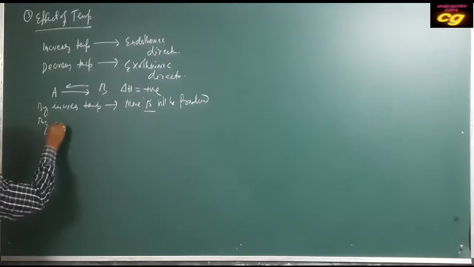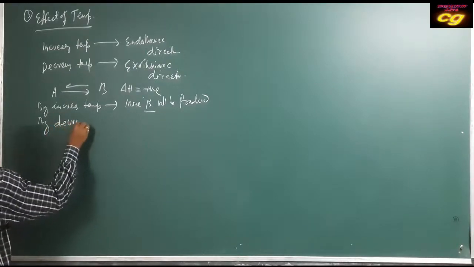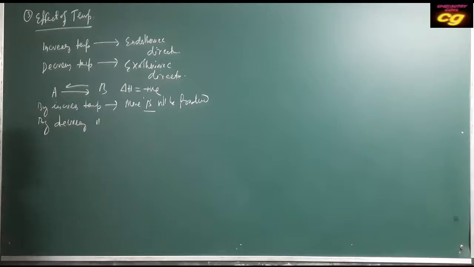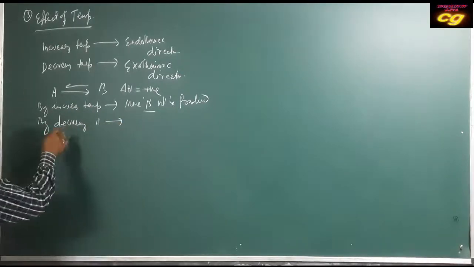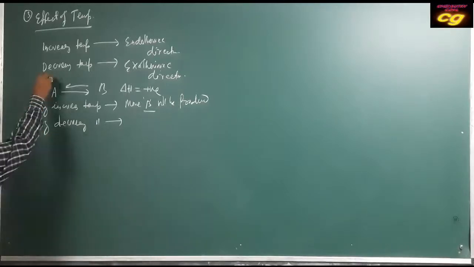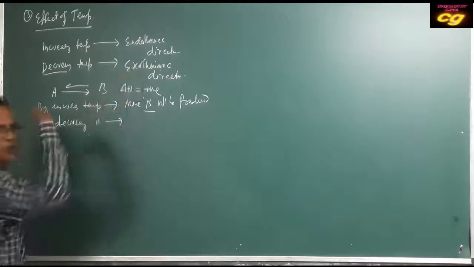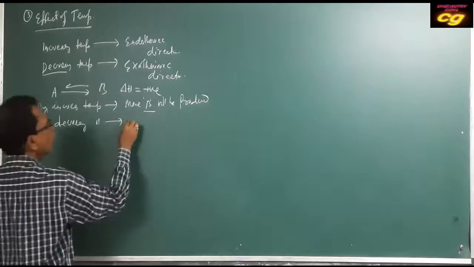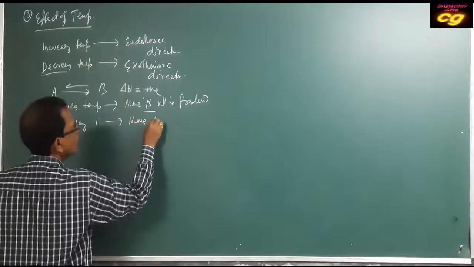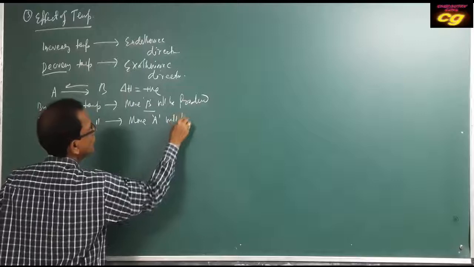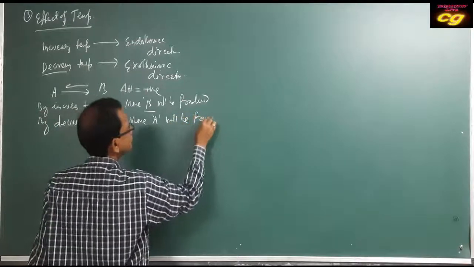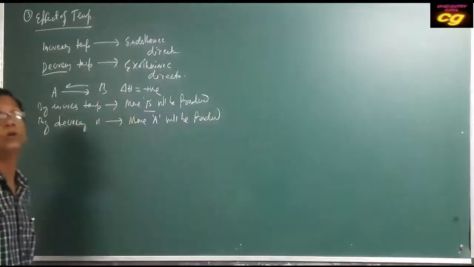By decreasing temperature, equilibrium will be shifted towards the exothermic direction, just the opposite, so more A will be produced. So this is the theory.